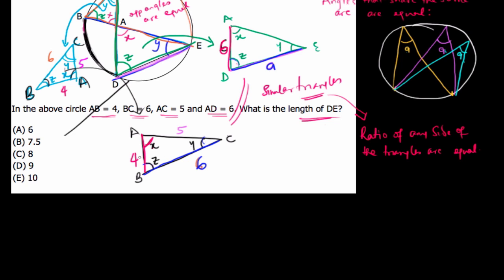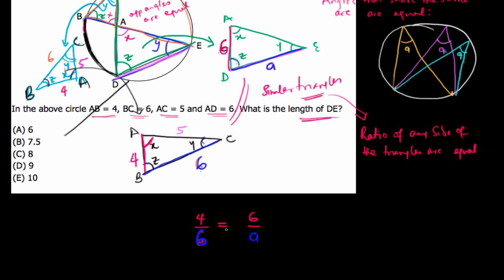So for this triangle here, the ratio of 4 divided by 6 must equal the ratio of the corresponding side, because they are similar triangles, must equal 6 all over A. So you can see what I did here. You have to do it the way it is. It must correspond to each other.